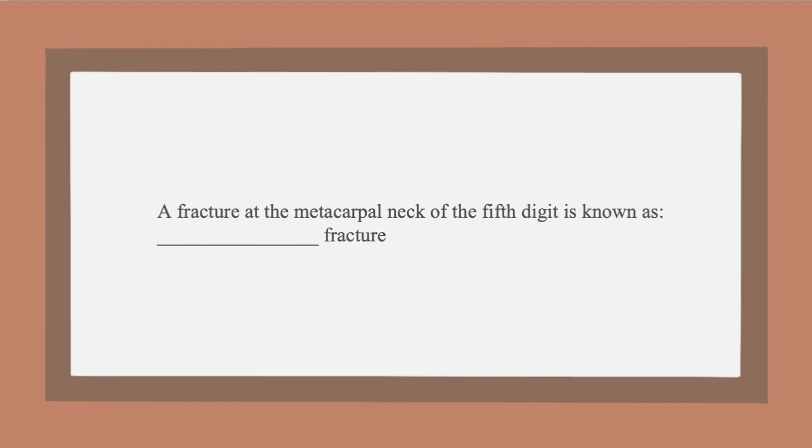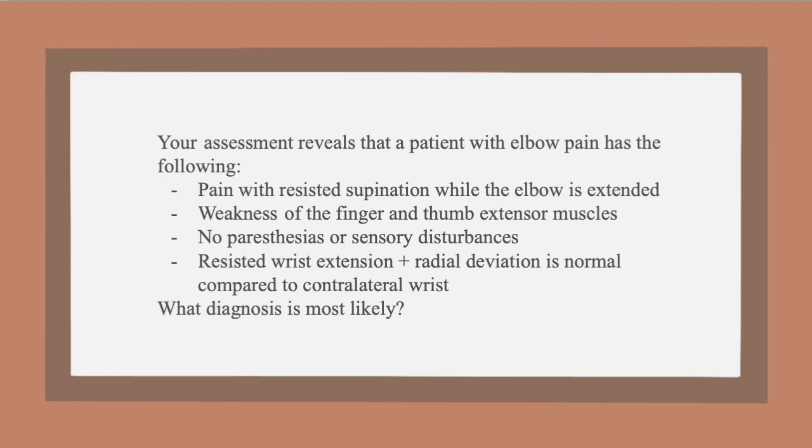A fracture at the metacarpal neck of the 5th digit is known as, of course, a boxer's fracture. The diagnosis that is most likely with the symptoms listed here and with those provocative maneuvers or tests, the clinical testing, is a PIN syndrome, posterior interosseous nerve.